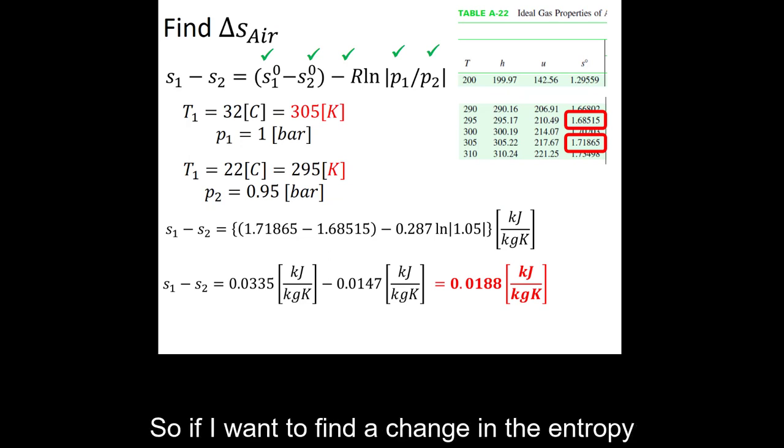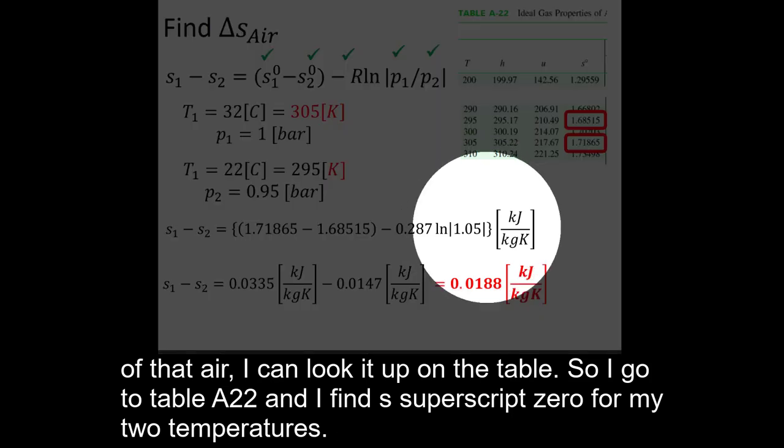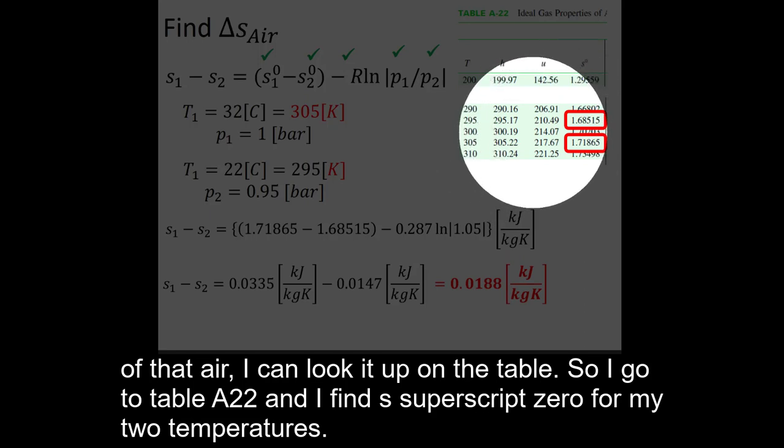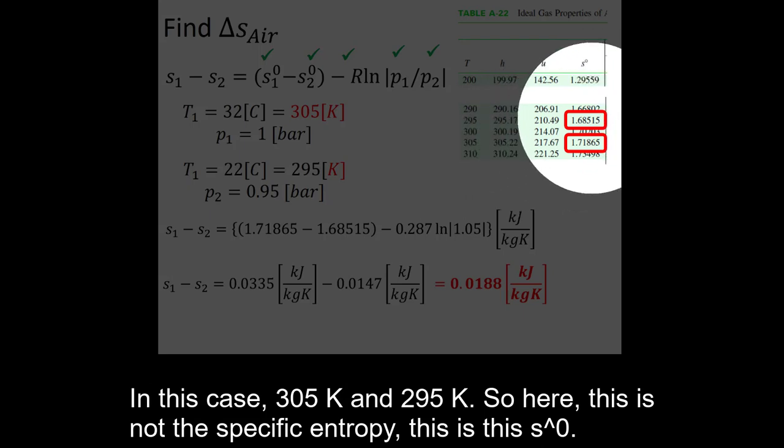So if I want to find the change in the entropy of the air, I can look it up on the table. So I go to table A22 and I find s superscript 0 for my two temperatures, in this case, 305 and 295. So here, this is not the specific entropy. This is this s superscript 0.